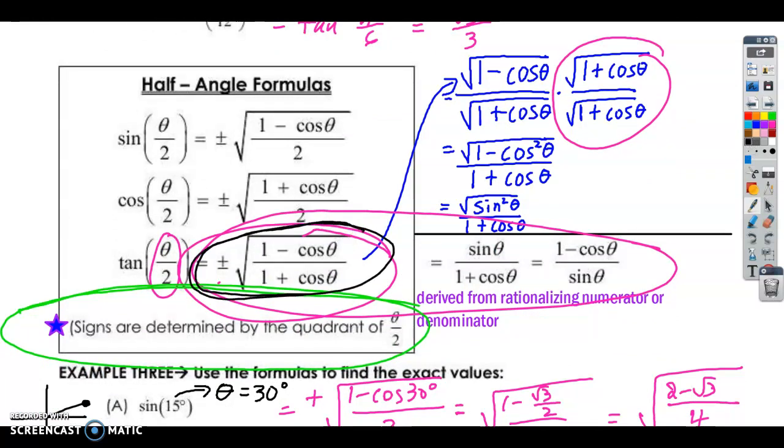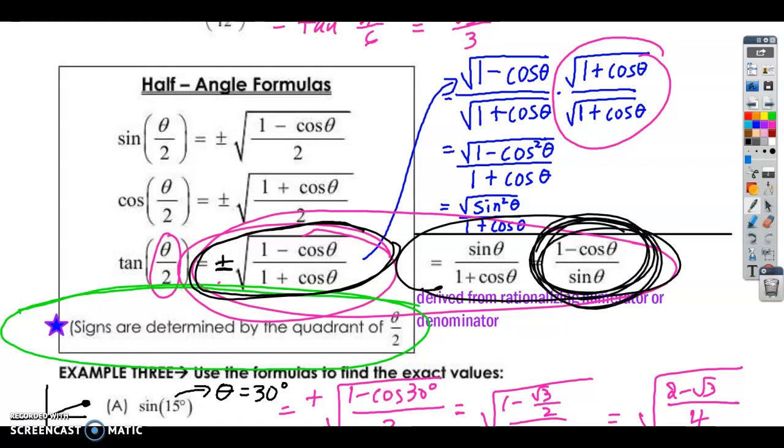We've got this one where we've got a plus or minus, so you have to choose the sign. That's the hardest one. I've already done one of those using that. I'm going to go ahead and do this one using one of the other 2 over here. Let's do this one right here.